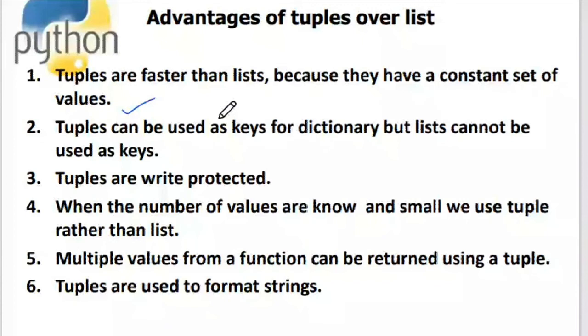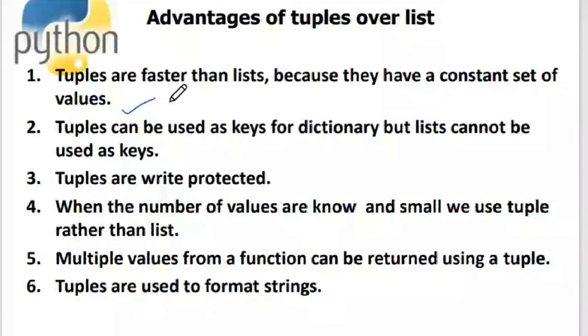That's the reason why tuples are considered to be faster than lists. They have a constant set of values, and they go easy on the processors. Lists are very dynamic, so compared to tuples, they are much slower. So this is the first reason.